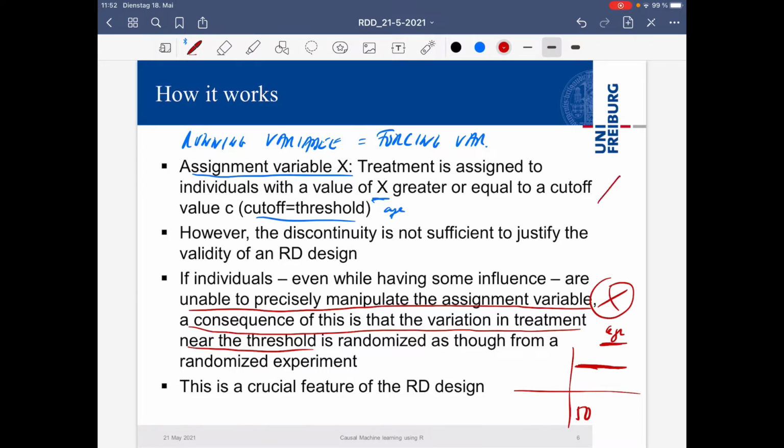The first is that there is a jump, that there is a discontinuity, and the second is that you can plausibly argue that the assignment variable is not manipulated. To a certain extent it's okay, but not to a large scale. This will be also a discussion in the Maimonides rule paper, manipulation of the forcing, running, or assignment variable.